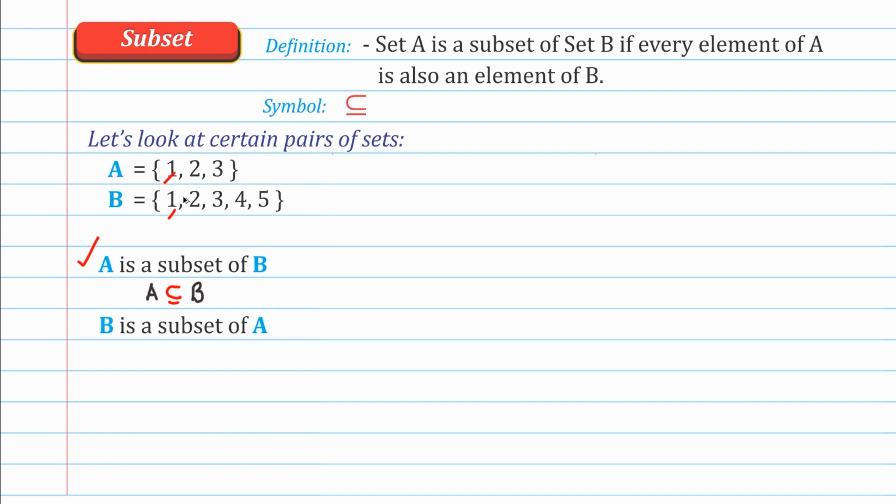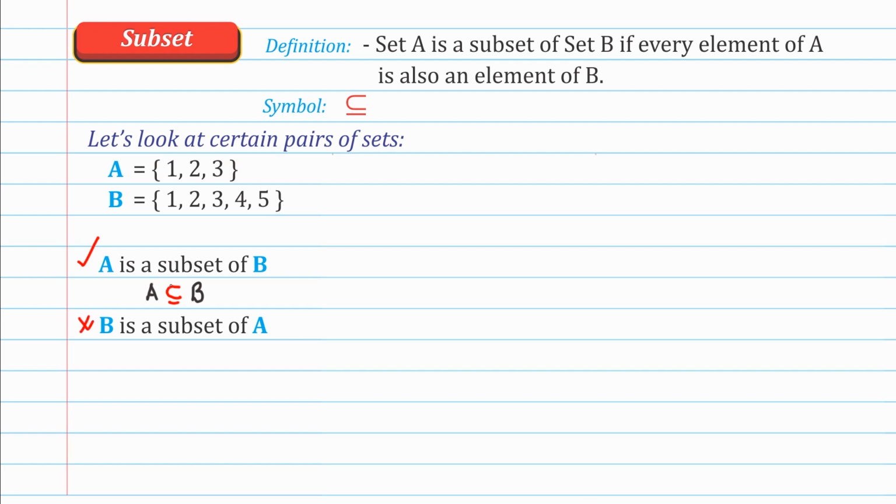We also have that in A. 2, check. We also have that in A. 3, we also have that in A. And then finally, 4 and 5. Are 4 and 5 part of set A? No, they're not. Therefore, we cannot say that B is a subset of A.